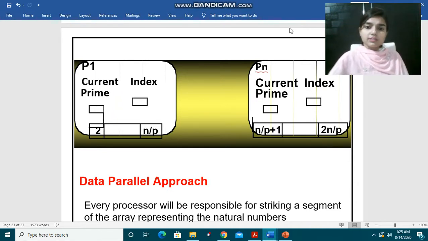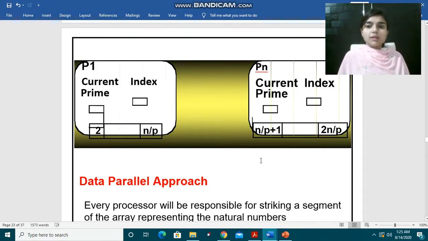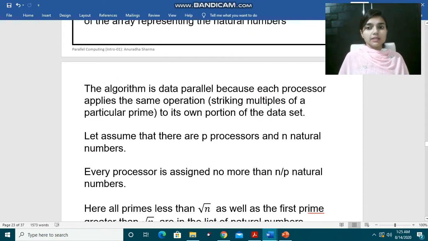So first, let's see what a data parallel approach is. Data parallel approach means when the same set of instructions is executed on different data sets.